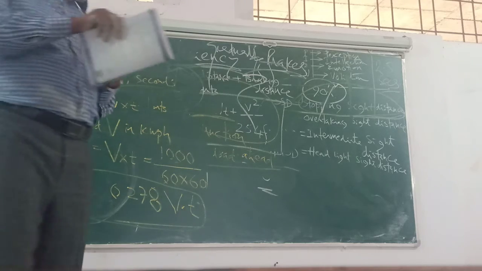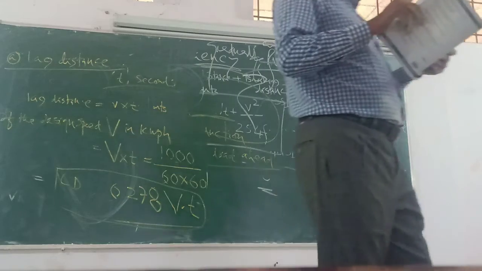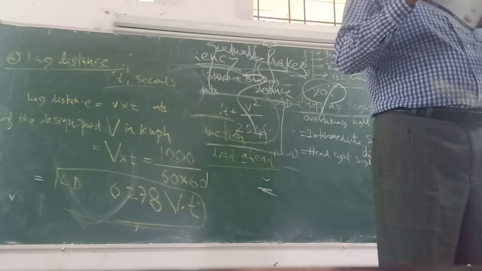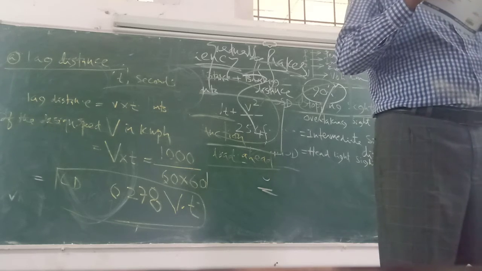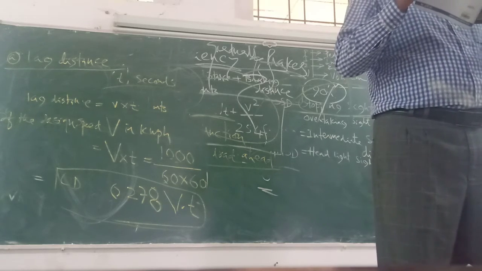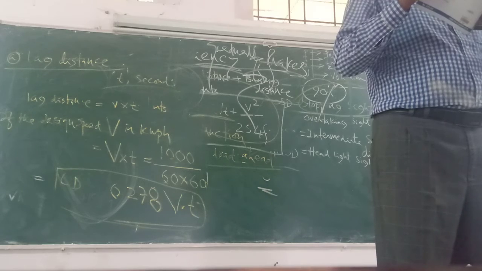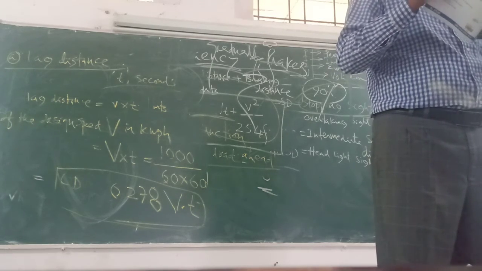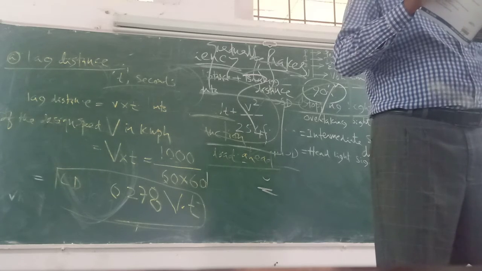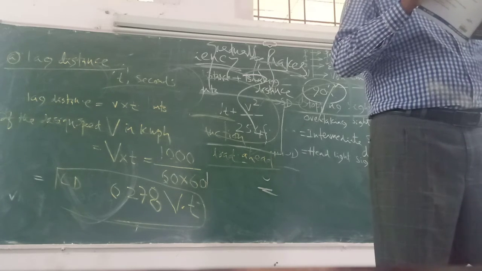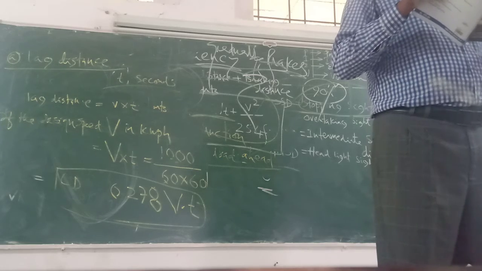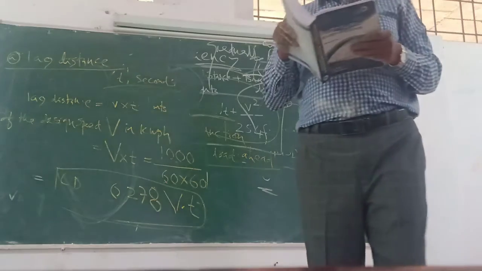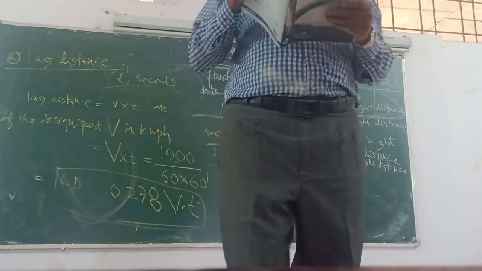That's the main point. Right now, write down the coefficient of friction, small f, depends on several factors. I think I told you that f is nothing but the friction between the top surface of the road and the tires.